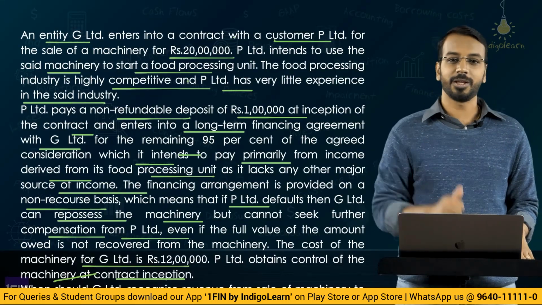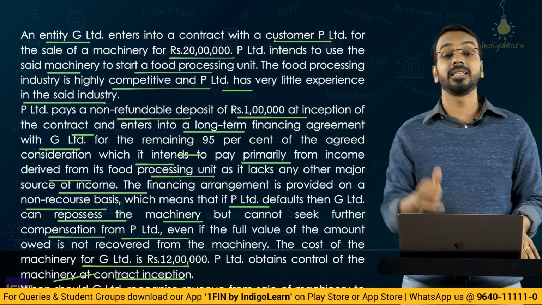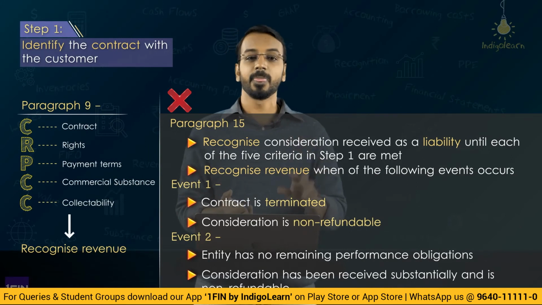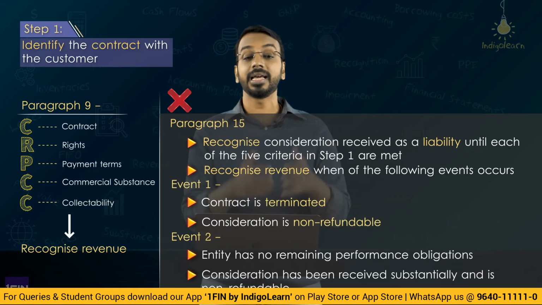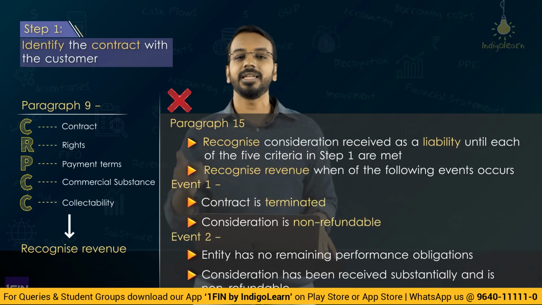What will happen to the non-refundable deposit? You will show it as a liability till the time either the criteria given in paragraph 9 are satisfied, that is the 5 criteria, and here the criteria related to consideration is the one which is relevant, or any of the conditions given in paragraph 15 is satisfied.